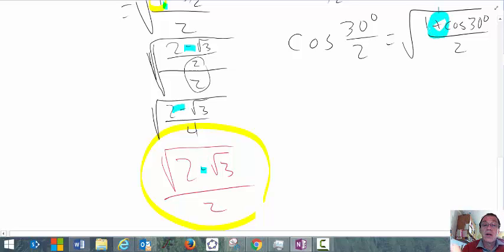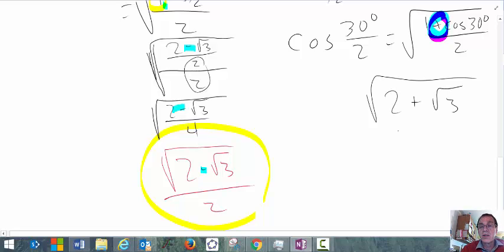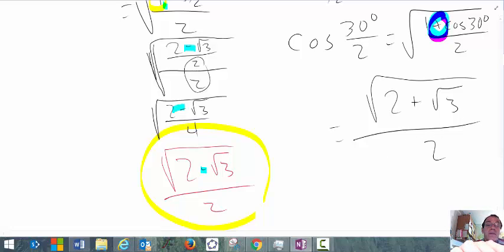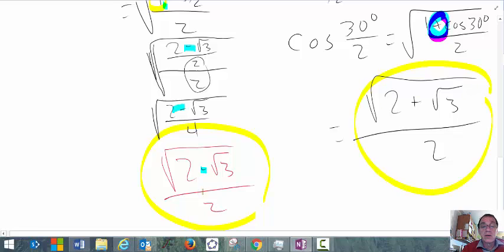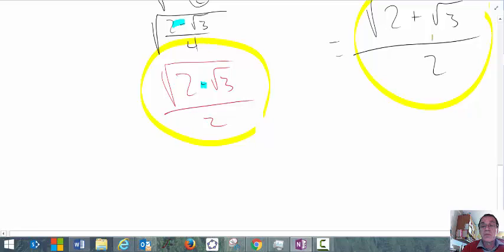You can do the manipulation if you want to see that I'm right. But you're going to end up with the square root of 2 plus the square root of 3, over 2. That's our cosine. And no, I'm not going to ding you if you've already calculated the sine for figuring out that the cosine must be that.